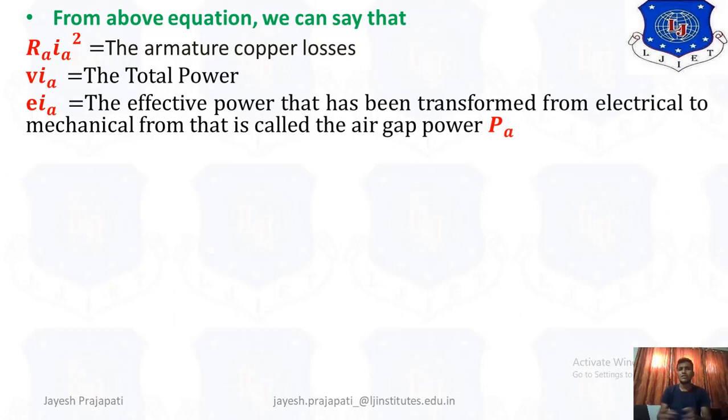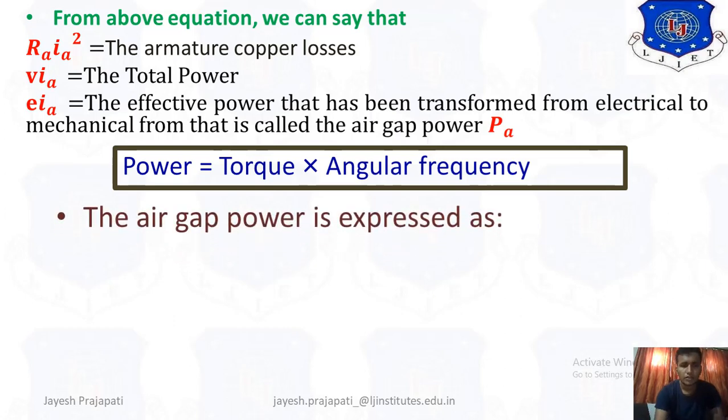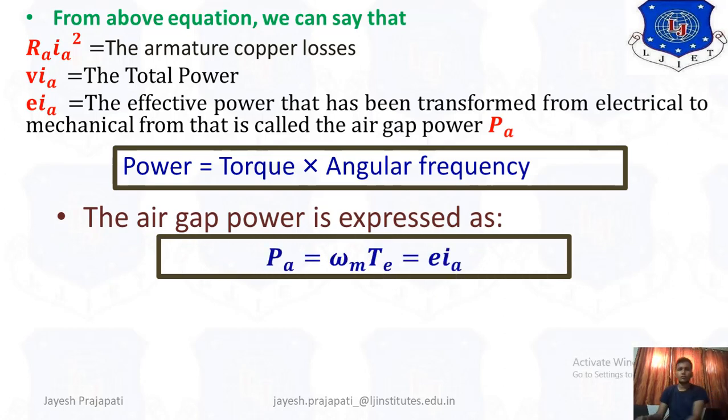We know that power is equal to torque into angular frequency omega. So the air gap power is expressed as Pa is equal to omega m into Te, where Te is the air gap torque, which is equal to E into Ia.